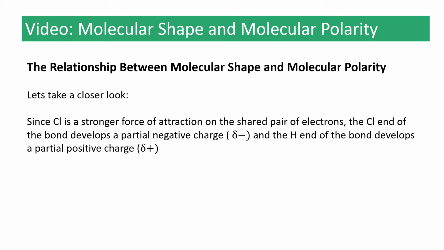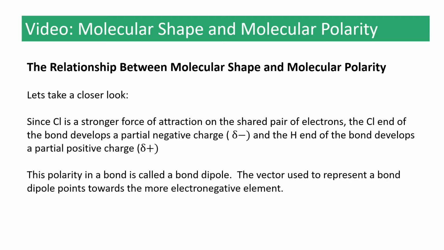Since Cl has a stronger force of attraction on the shared pair of electrons, the Cl end of the bond develops a partial negative charge, and the H end of the bond develops a partial positive charge. This polarity in a bond is called a bond dipole.